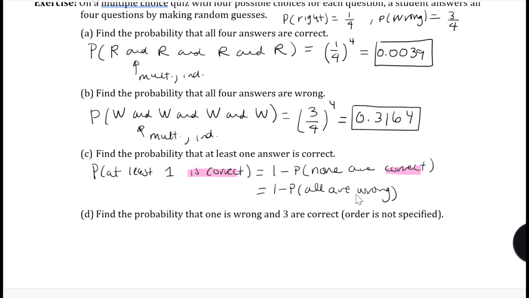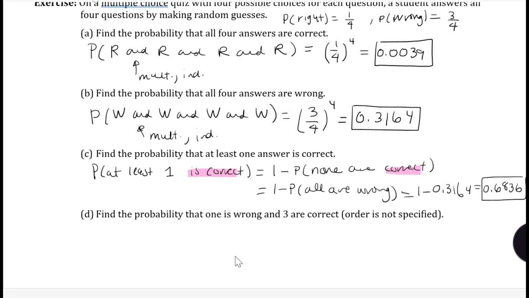And all being wrong is what we figured out in part B. So 1 minus 0.3164. And when you find that out, you'll get this answer as being 0.6836.